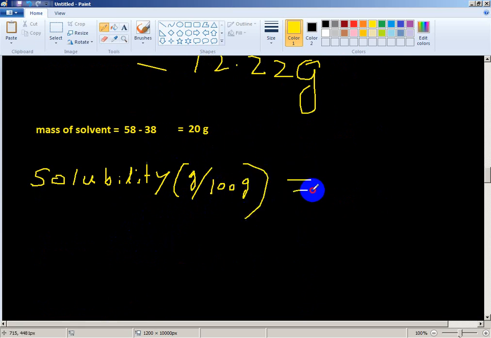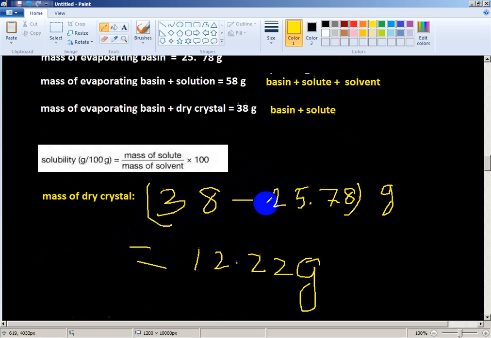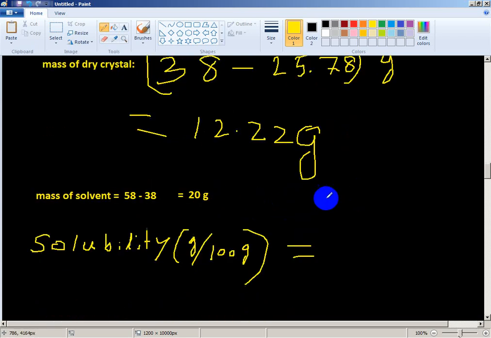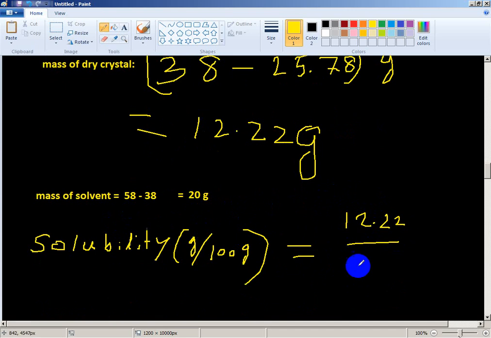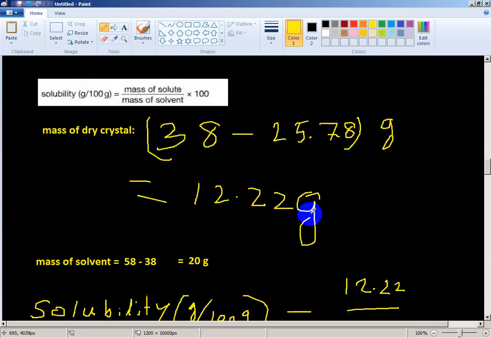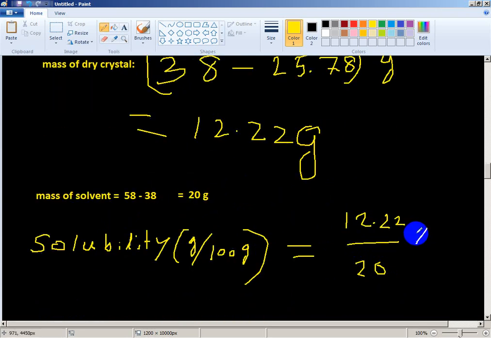Okay, my mass of solute is 12.22, and the mass of solvent is 20, and multiply by 100. So what is the solubility? 61.1.